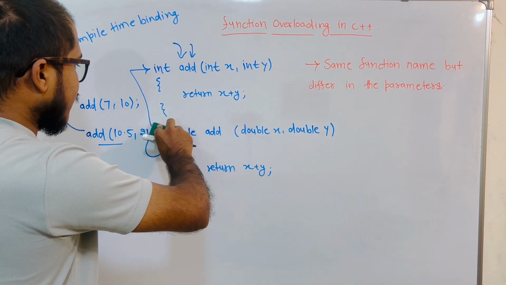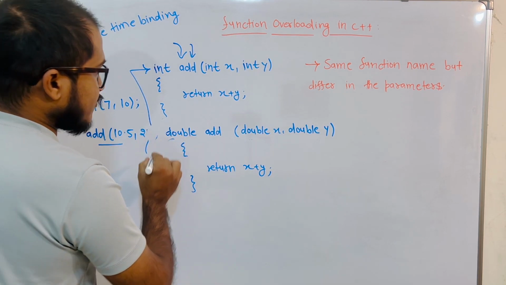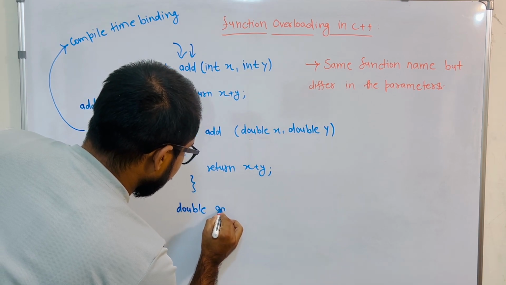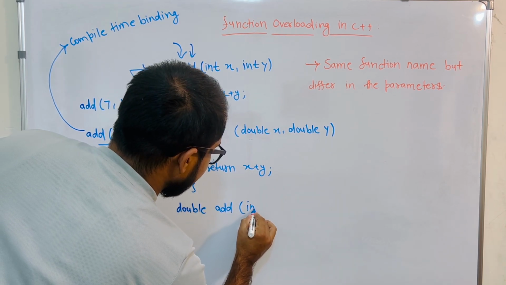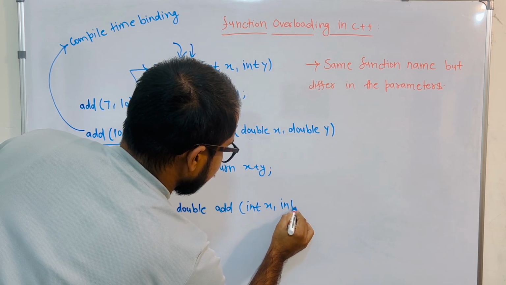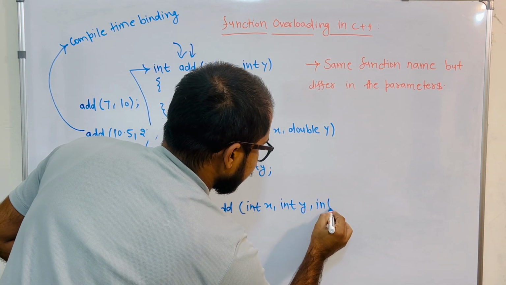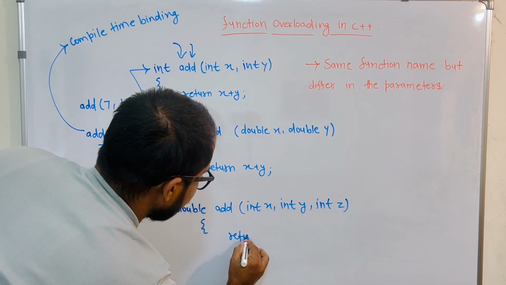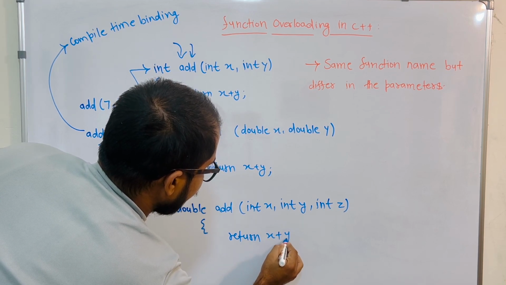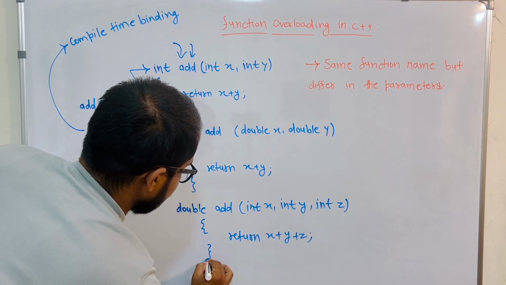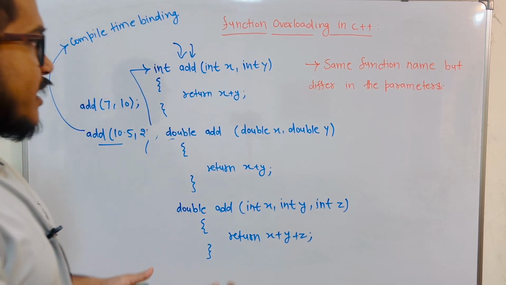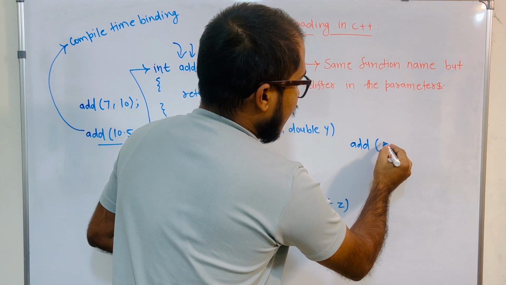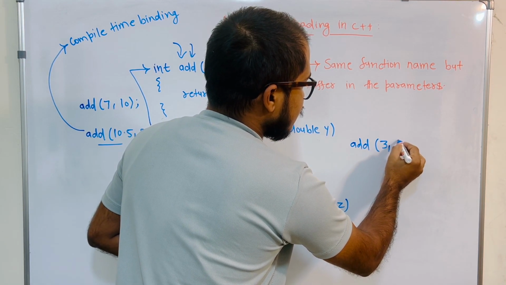Similarly, I can write another function, let's say double add, integer x, integer y, integer z, and this function will return the sum x plus y plus z. Now let's say I try to add three numbers, with a call like 3, 8, 7.